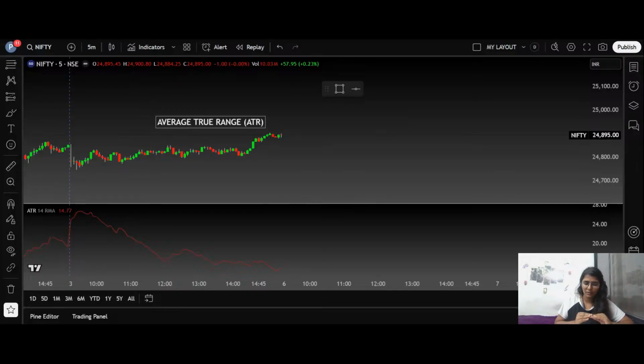Suppose the at the money is 24895. Okay, so suppose I have at the money of 24900, and my premium is at 100 rupees. If the volatility is very high, then that particular 100 rupees will go 101, 102, 103, 104 very fast, or maybe it will go 101, 99, 102, 94, 105, 96.